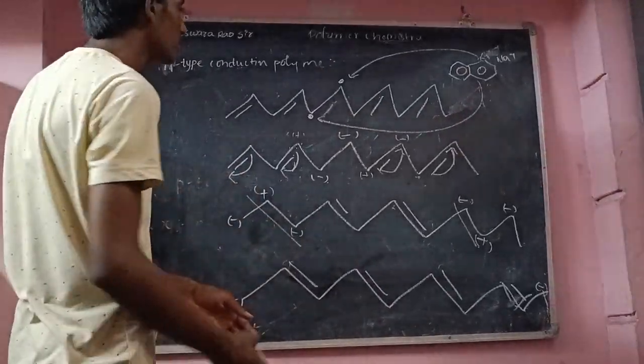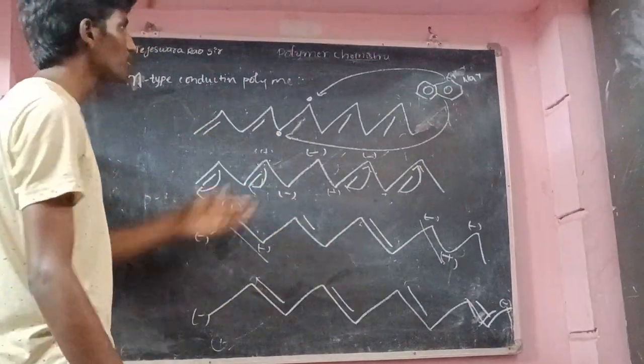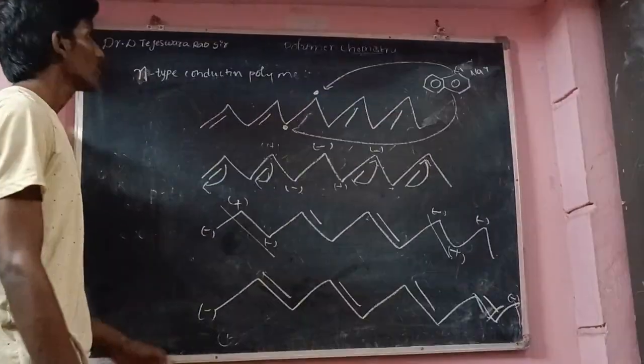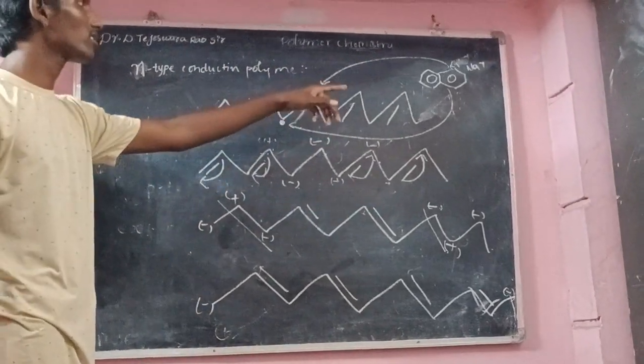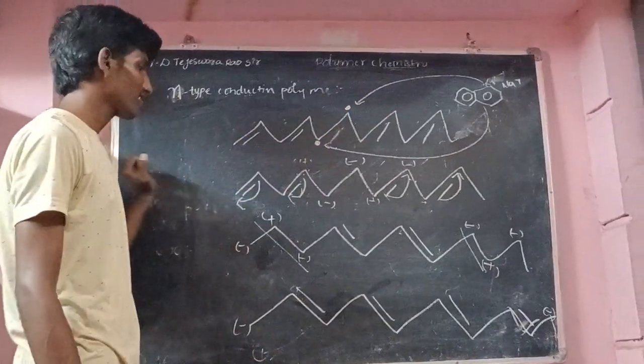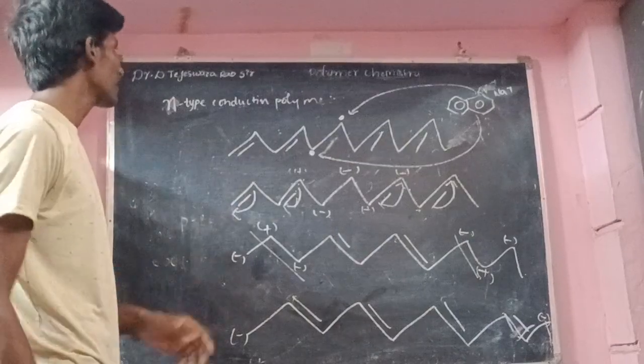In this also the transfer takes place due to the agent, the n-type agent, because it is a Lewis base. So this is called an n-type conducting polymer.